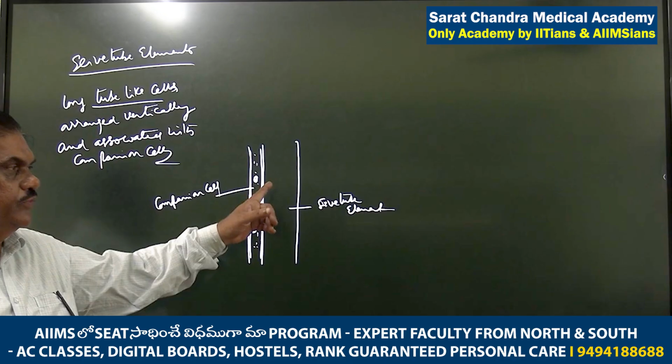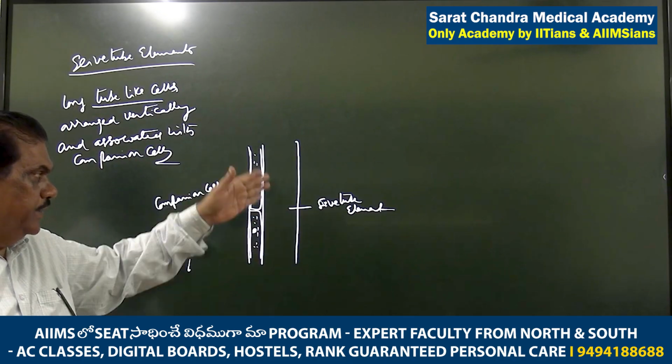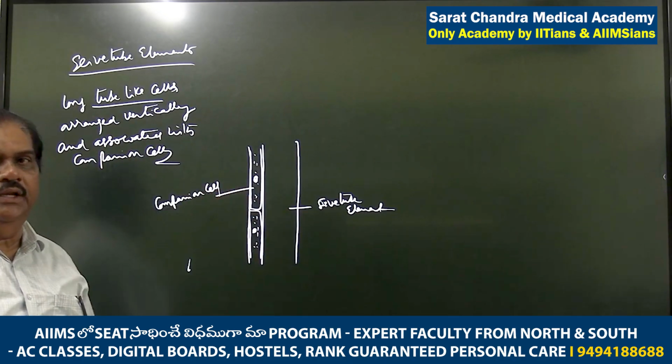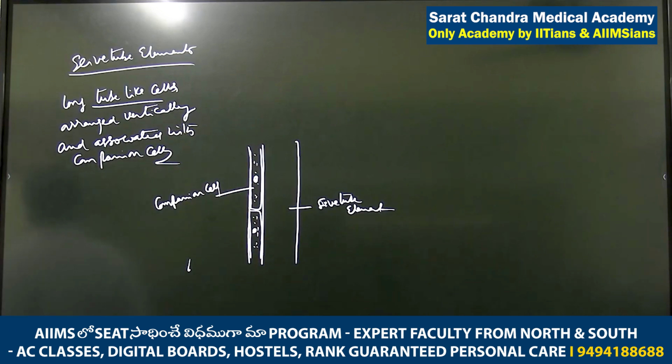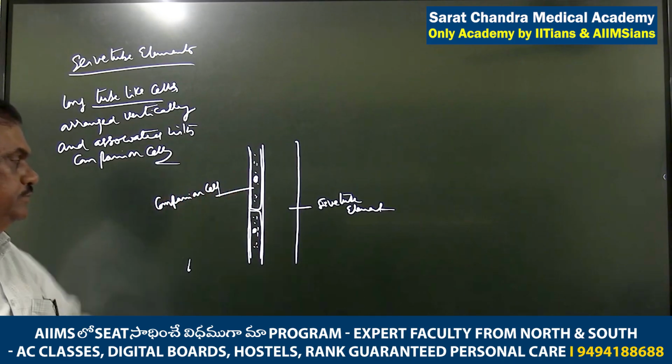Sieve tube elements are also composed of many cells like xylem vessels. Xylem vessels are found in the form of long tubes from root up to the tip of the stem, and sieve tube elements are also found as long tube-like structures from root to tip of the stem, composed of many cells. This is one cell of a sieve tube element.